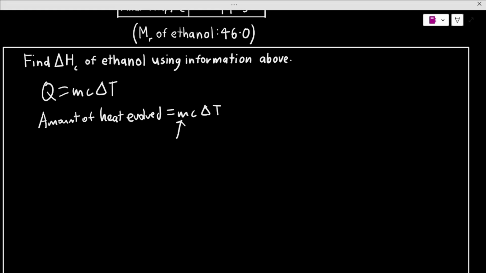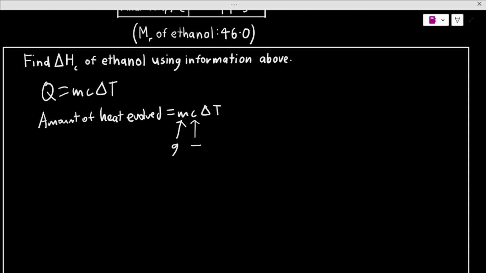M in this case is going to be the mass of whatever I'm heating up. This is in grams. C is the specific heat capacity. In this case of water, that means how much energy do I need to give 1 cubic centimeter, actually 1 gram of water, to raise its temperature by 1 Kelvin.